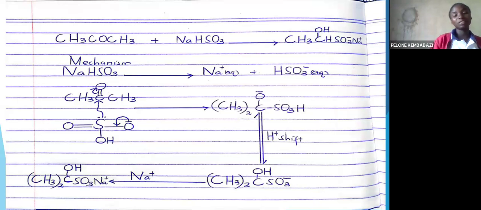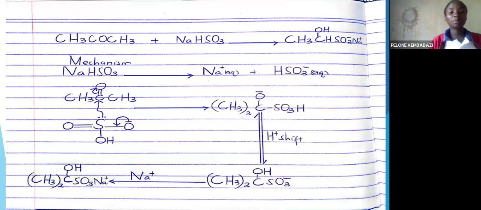It has the ability to attract electrons towards itself compared to carbon. So oxygen here pulls the bonding electrons towards itself, forming a partially negative charge on itself, and it leaves a partially positive charge on the carbonyl carbon.